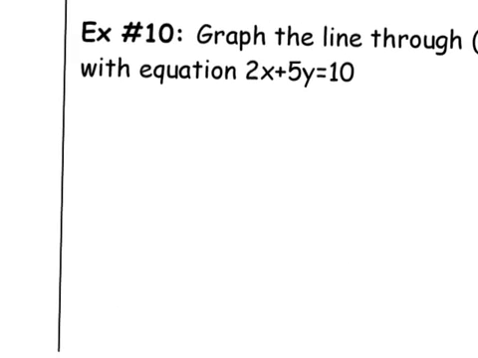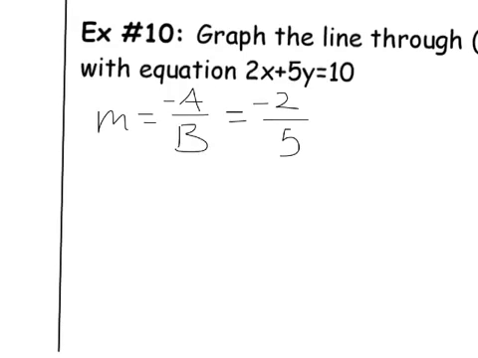We know that the slope is equal to -a over b. In this situation, my a is 2, my b is 5. But I don't need the same slope, I need the perpendicular slope. So I'm going to flip it. Put the 5 on top, the 2 on bottom, and change the sign. It was negative, so now it's positive.